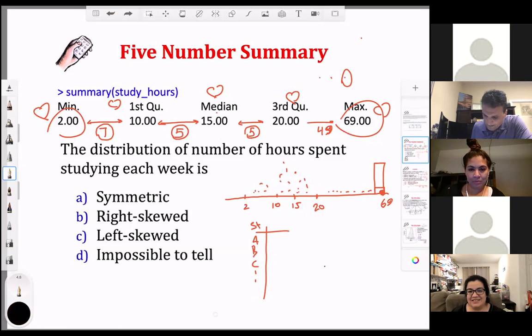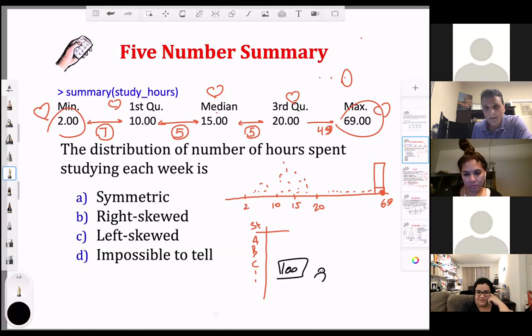So let's say we have 100 students, correct? I have to put 25 of them here, 25 of them there, 25 of them there, 25 of them here. So here we have so many points. All the points are going to be small because it's long from 20 to 69.